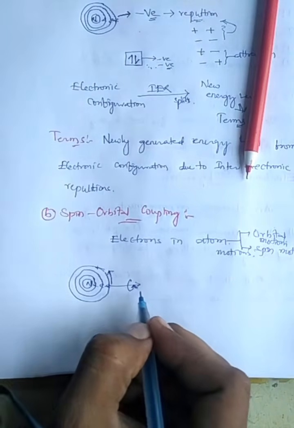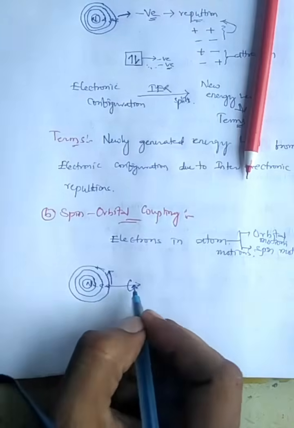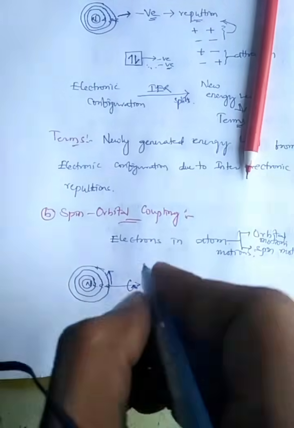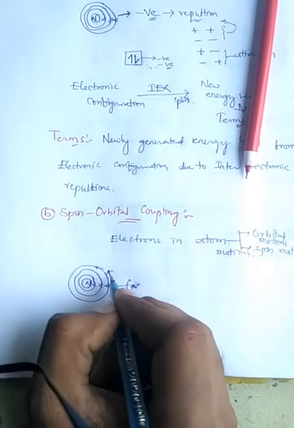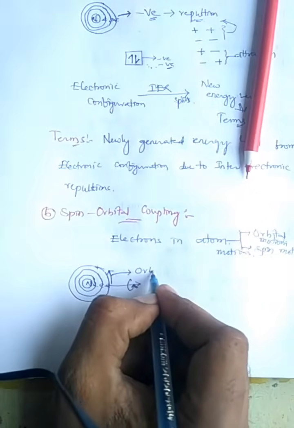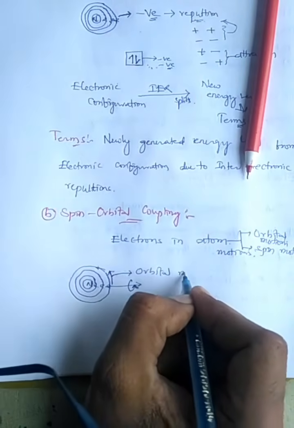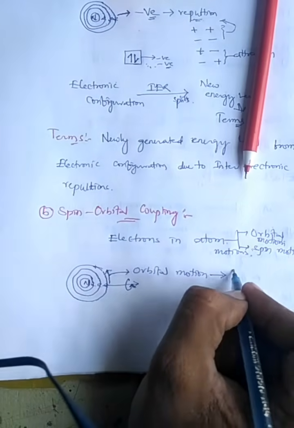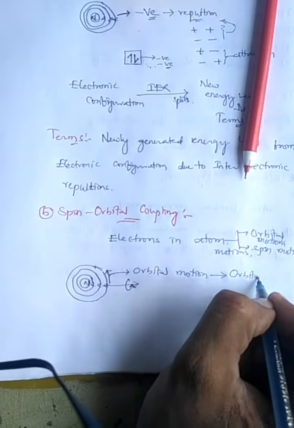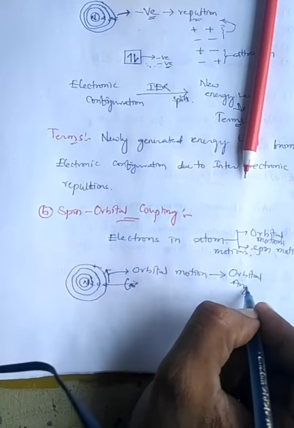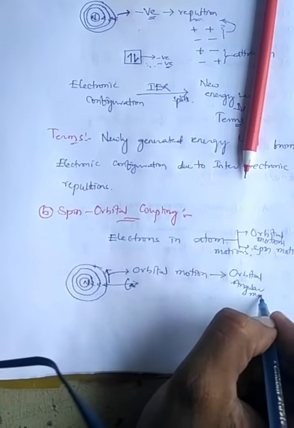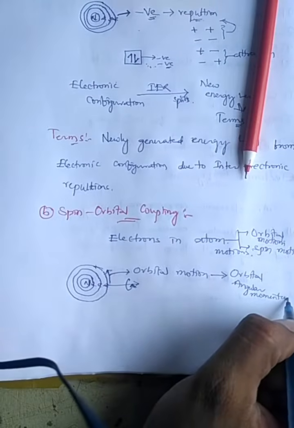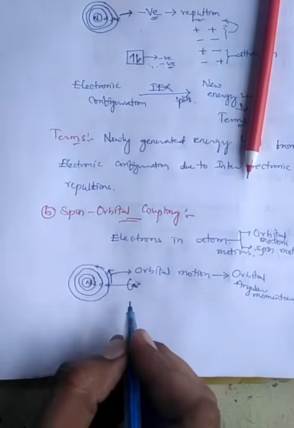So when it is revolving around the nucleus, it has orbital motion. With this orbital motion, it generates orbital angular momentum.